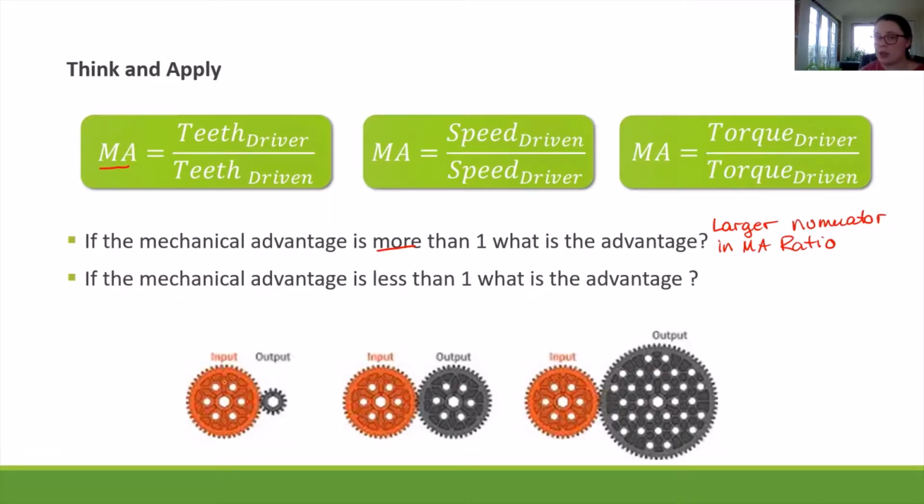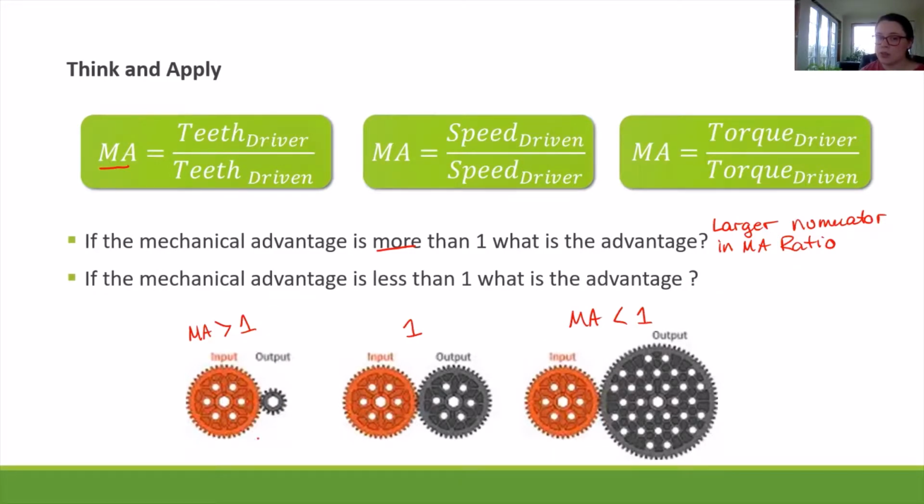That would mean our input gear, which is here, has more teeth than the output gear. So this one has a mechanical advantage greater than 1. This one, the teeth are the same, so this would give us a ratio of 1. And over here, the driver gear is small and the driven gear is really large, so this one is going to have a mechanical advantage of less than 1.